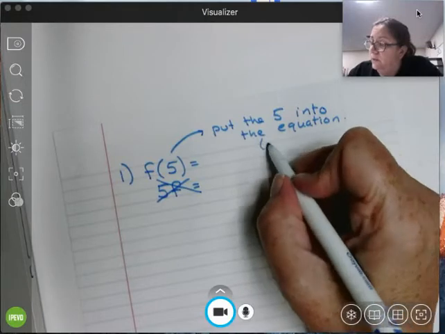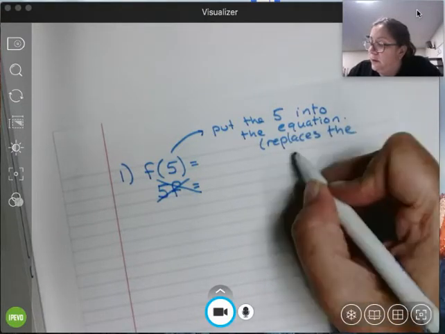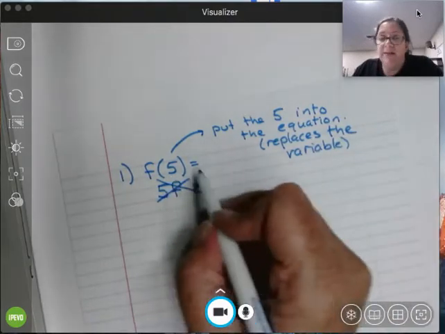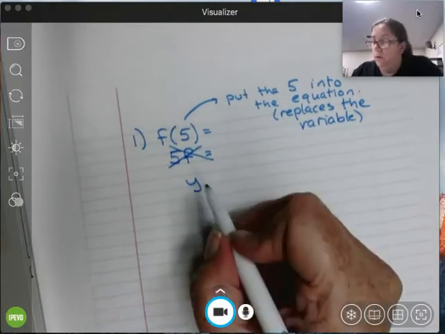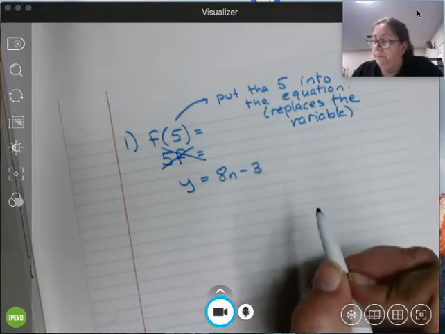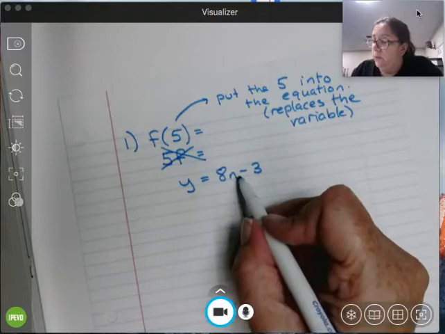So it replaces the variable, and that's all this means. In fact, we could have written y equals 8n minus 3 and said find y when n equals 5.